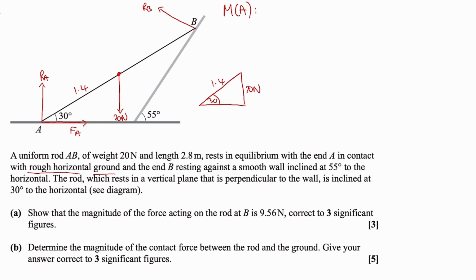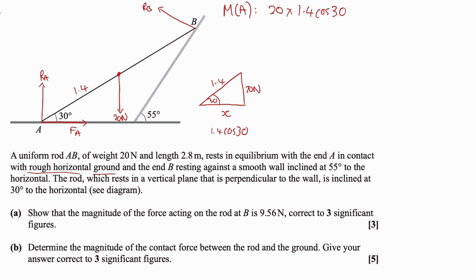I want to know what this distance here is, because that will be the perpendicular distance to the force. Now this is adjacent to the angle, so it's going to be 1.4 cos 30. So the moments is going to start off as 20 times 1.4 cos 30, and that's going in the clockwise direction.